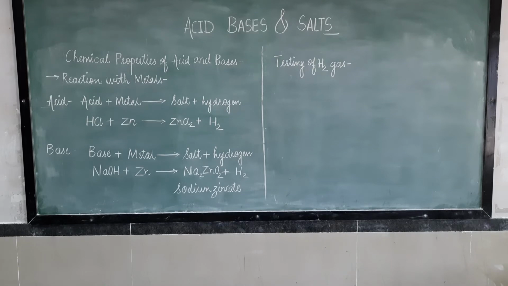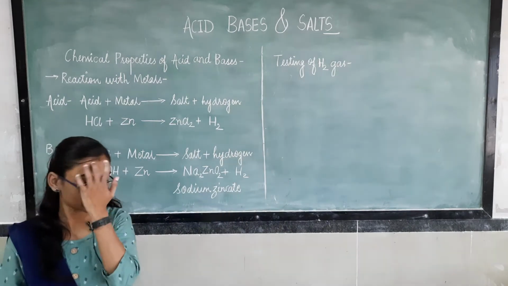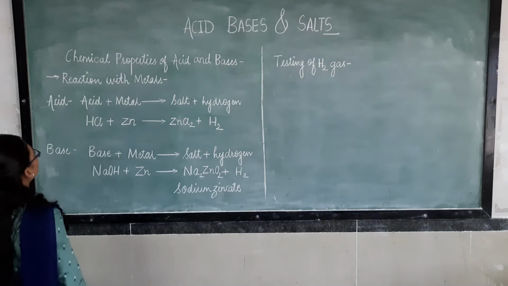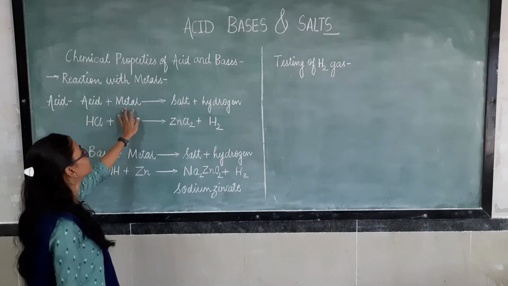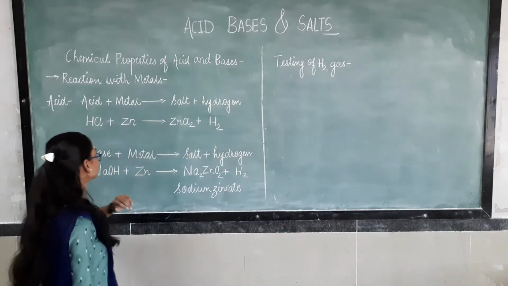Now here we are going to learn about the chemical properties of acids and bases. First property is when these acids and bases react with metals, right? So first we'll see about acids. When acid reacts with metal, it produces salt and hydrogen is released, right?